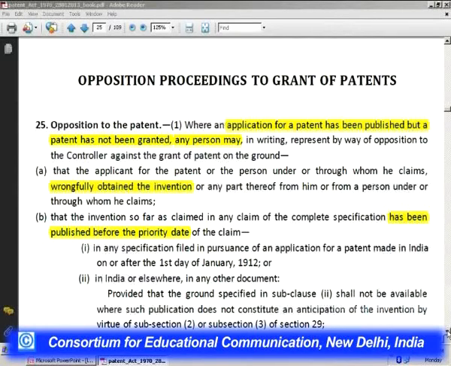It reads that the invention so claimed by the patent seeker has been published before the priority date. Something which is already published will never make a novel claim or get patent protection, which we understood way back in our discussions relating to the substantive requirements for obtaining the patent.